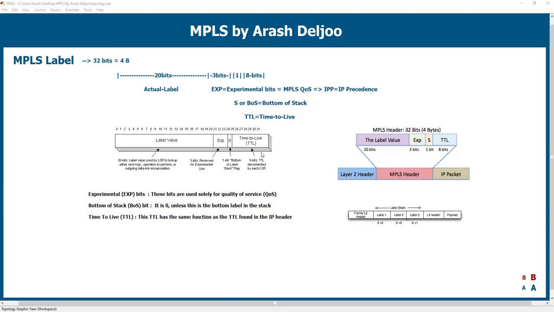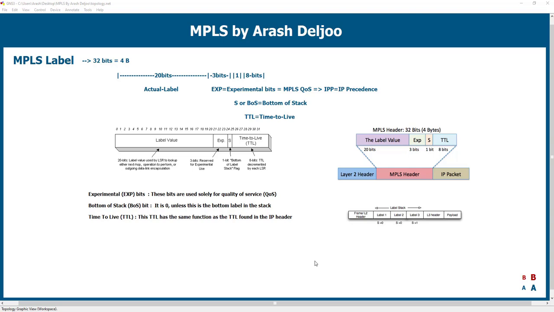You know that if a packet is sent and comes back, and is finally stuck in a loop, with time to live or TTL, after some going and coming back, the packet is discarded in the IP world with the TTL field. And in MPLS also, we use TTL for the same function. If the packet is stuck in a loop, the packet after some forwarding will be discarded.